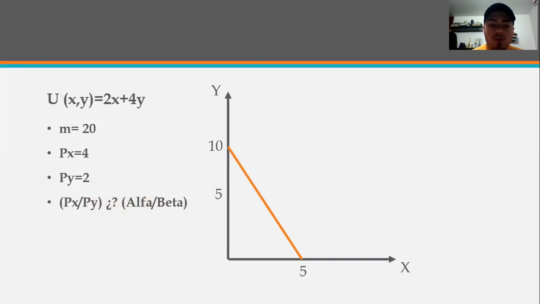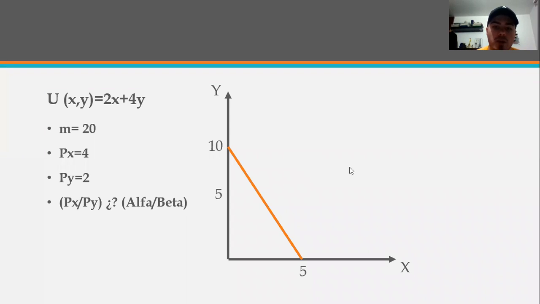This is an example of what I'm talking about. You can see the utility function, M, and the prices of X and Y that represent rice and fries. Remember that. In this case, this point is the price of X instead of the price of Y. I'm going to explain this, so be careful.